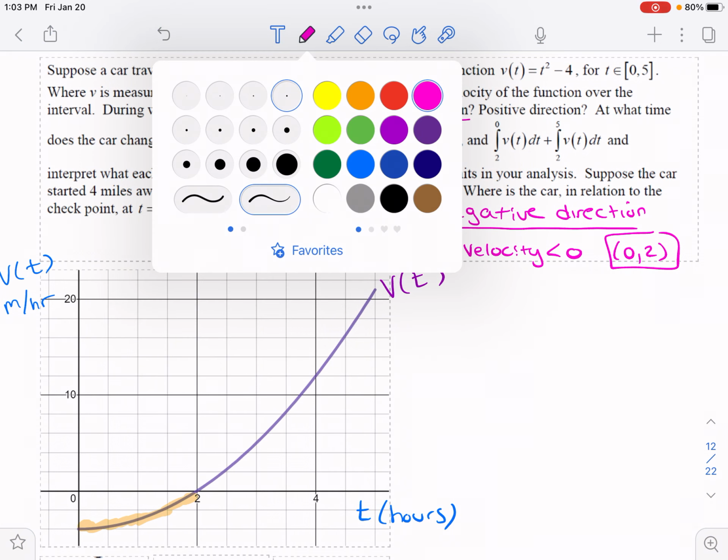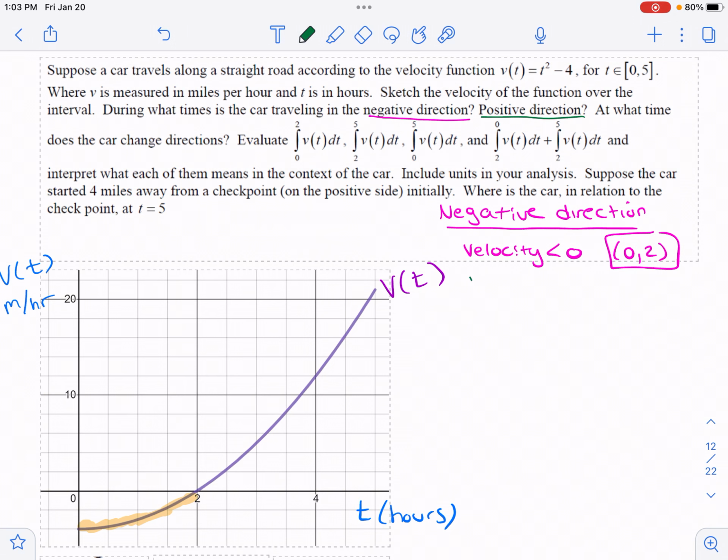How about the positive direction? Well, that's when your velocity is positive. And we can see from our graph up here that that is happening on the interval 2 to 5. At what time does a car change directions?